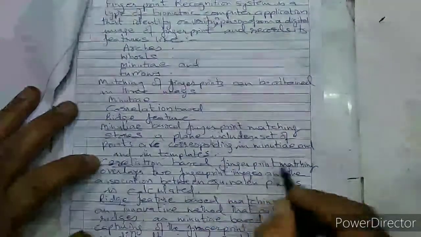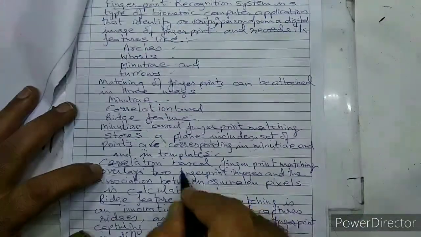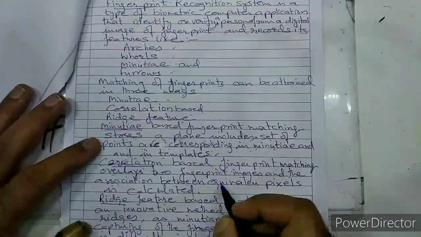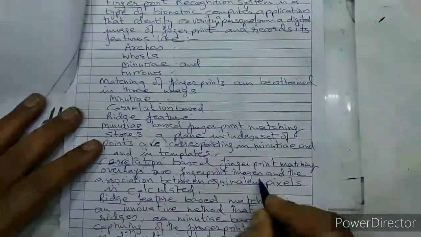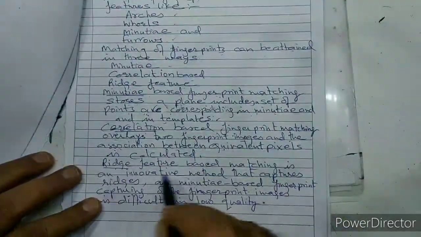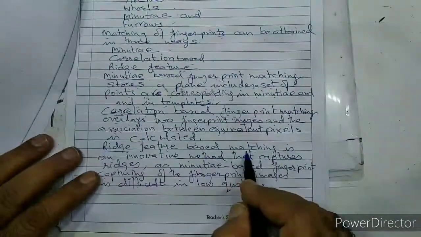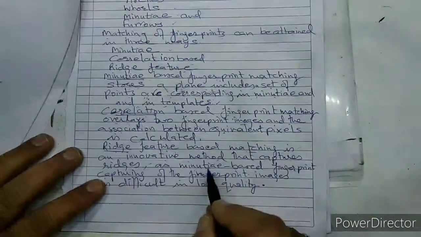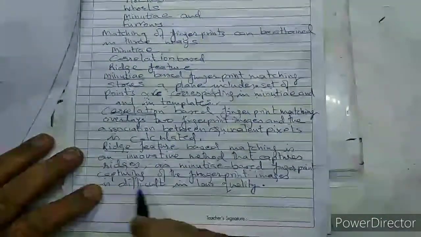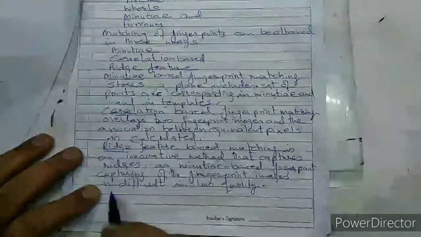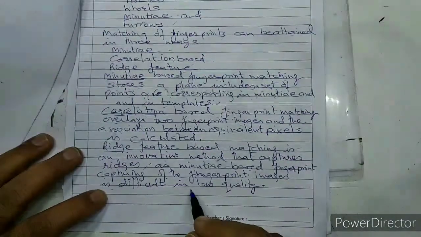Correlation based fingerprint matching overlays two fingerprint images and the association between equivalent pixels is calculated. Now, ridge feature based matching is an innovative method that captures ridges, as minutiae-based fingerprint capturing of the fingerprint images is difficult in low quality.